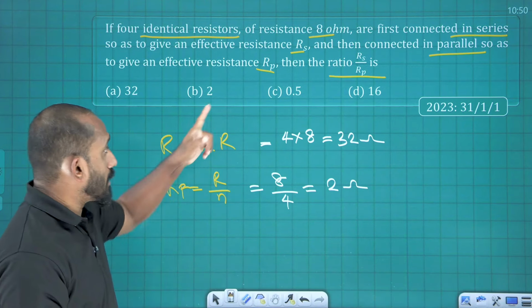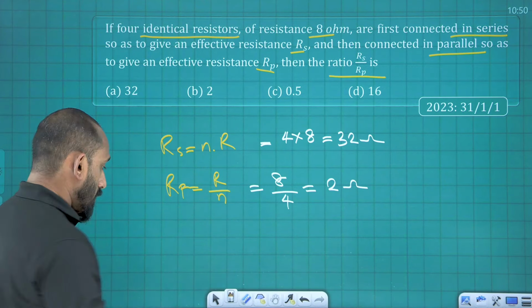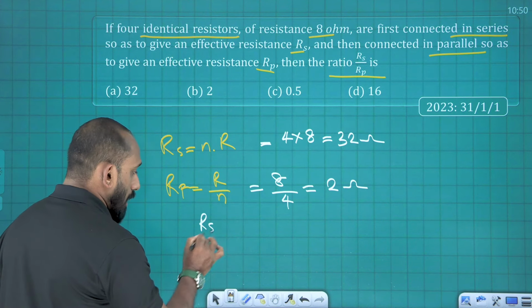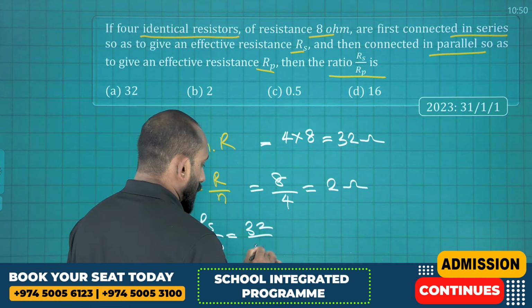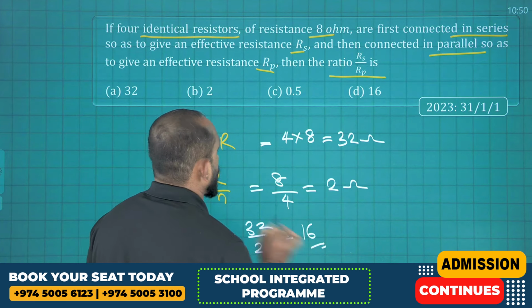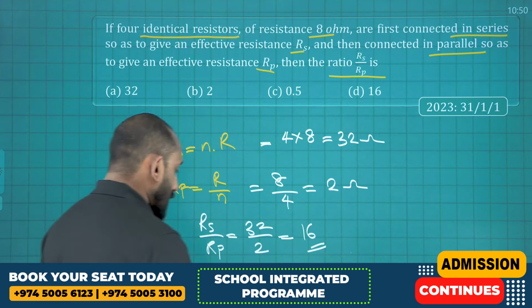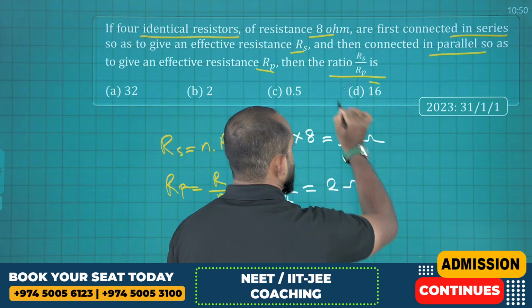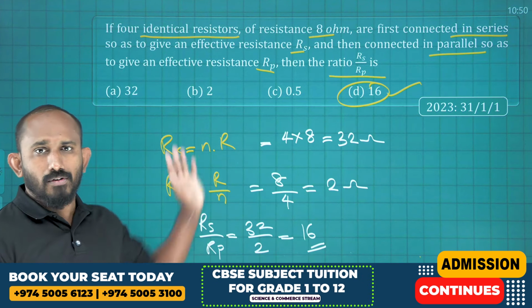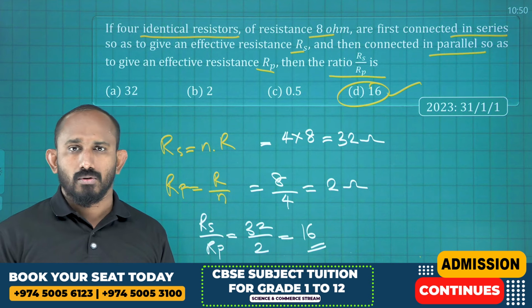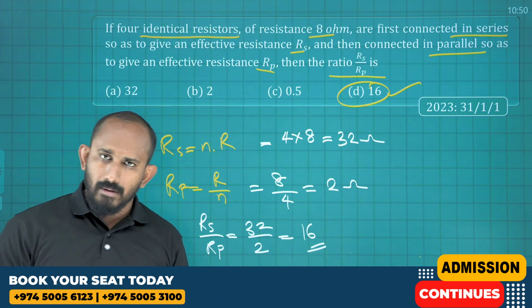Now the question is RS by RP. The ratio of RS by RP will be equal to 32 divided by 2, that is 16. So option D is the correct answer. So you can find them separately or take the ratio. Okay, hope you got it.